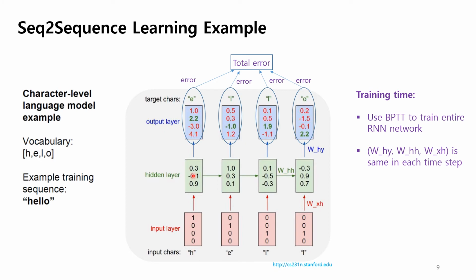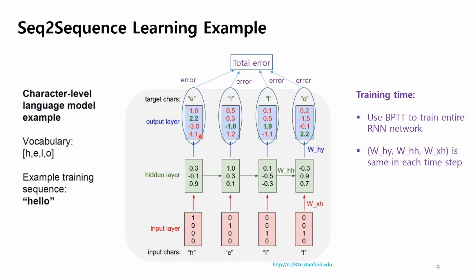In the first step, we give H. Again, this is the one-hot encoding of H. There is no previous state, so we use the initial weights. Using these initial weights and this one-hot encoding input, we compute the hidden layer values. Using the hidden layer values, we compute the output node values.